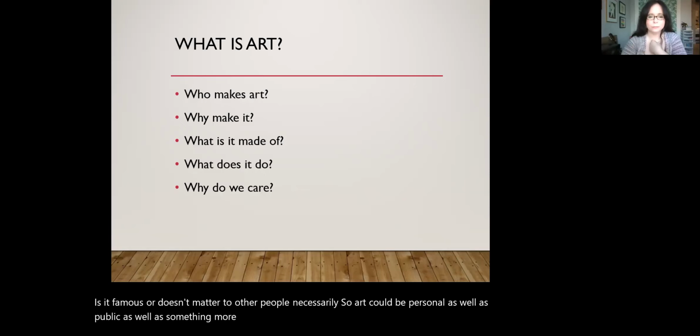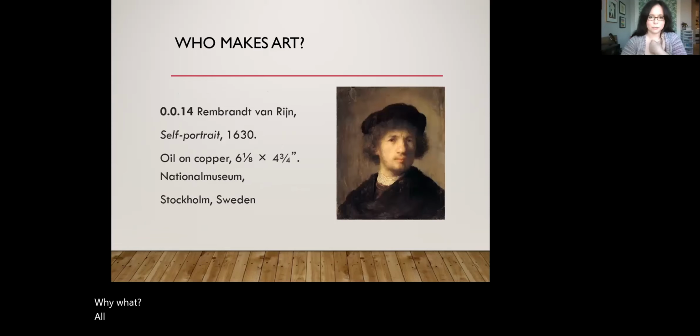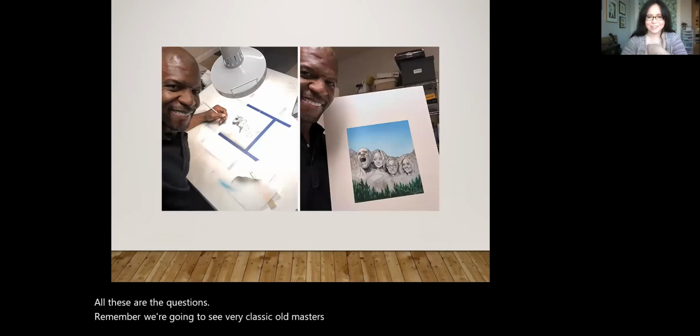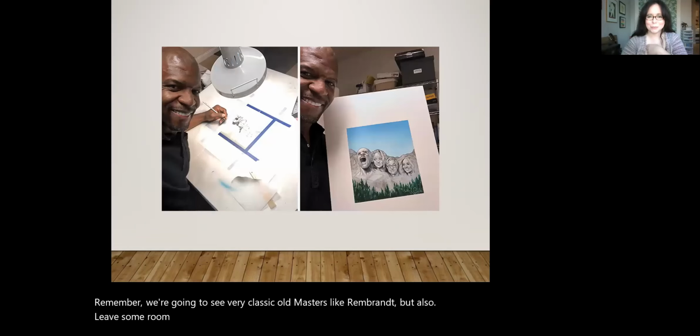So in terms of who, why, what, and all these other questions. Remember, we're going to see very classic old masters like Rembrandt, but also leave some room for people like Terry Crews, who is a football player, actor, commercial personality, all around great guy, and an accomplished illustrator on his own.